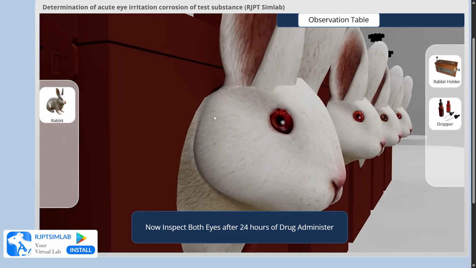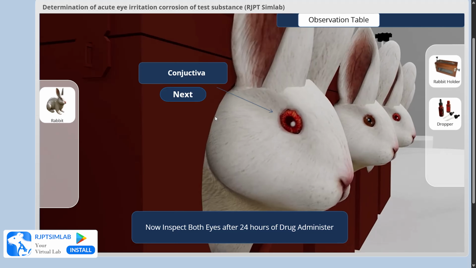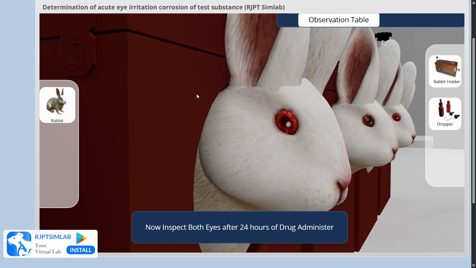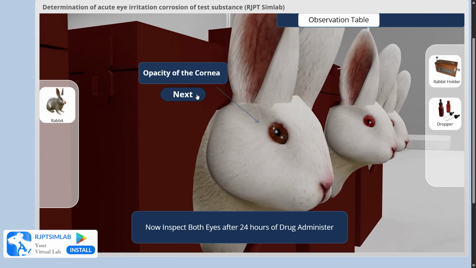Now we'll see the third rabbit. The third rabbit has shown conjunctivitis. And on the fourth rabbit, we can observe opacity of the cornea, which means cloudiness has appeared on the surface of the cornea.